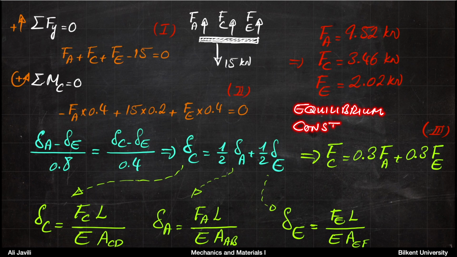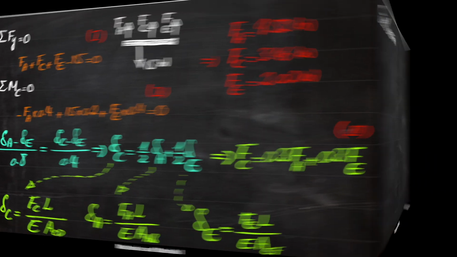And once you have the two of these, you should be able to handle these types of problems. So you have equilibrium and constraint. These are the two ingredients of solving statically indeterminate systems.